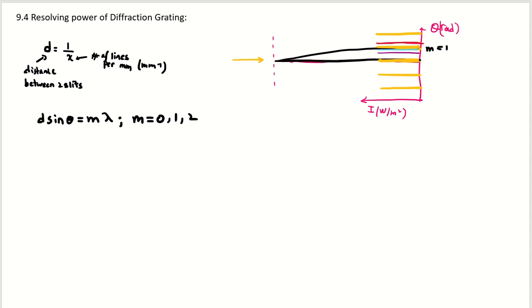The ability of the diffraction grating to resolve these two spikes we can find using the resolving power equation. It's equal to the average wavelength of the two colors over the smallest separation, basically the difference in wavelength.